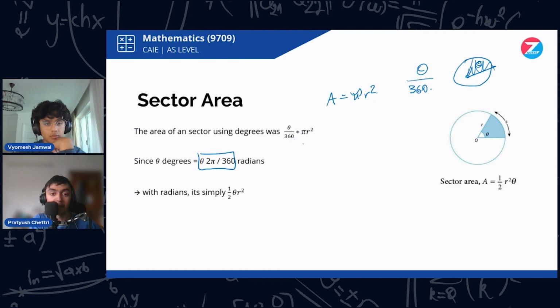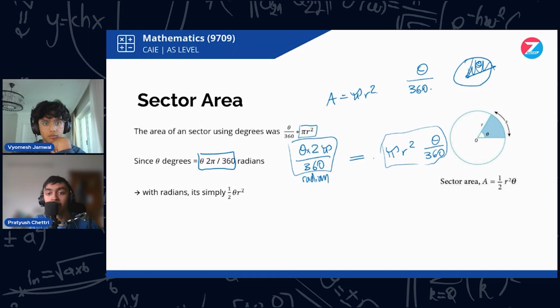So let's just write that here. Radian is angle times 2 pi over 360. That's our radian, right? And we need to end up with this. It needs to be equal to pi r square angle over 360, which is our sector area definition.